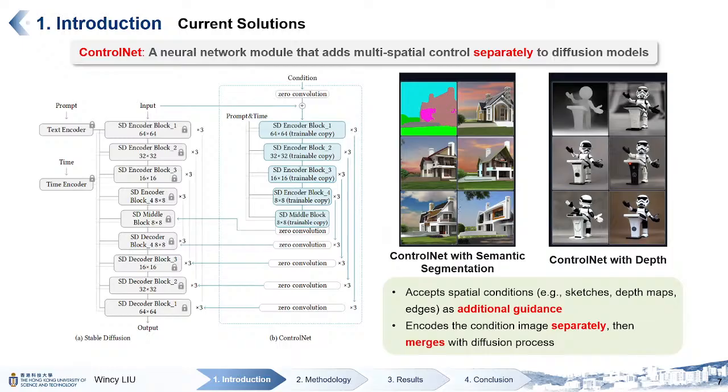advanced technology. That is the ControlNet. In the ControlNet technology, we can see there are many ControlNet branches for the diffusion model. We can input different types of constraints.